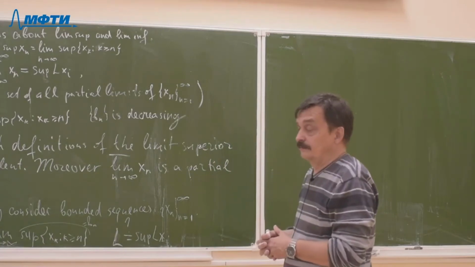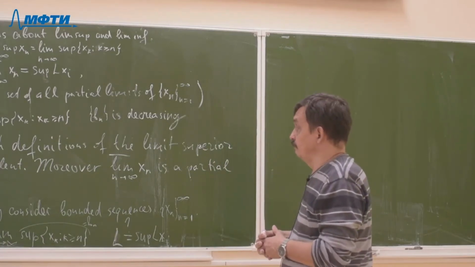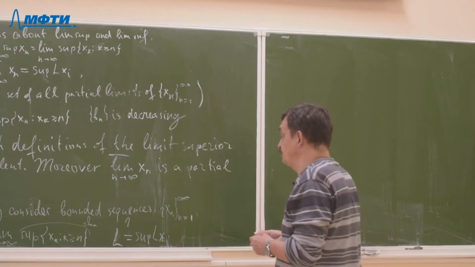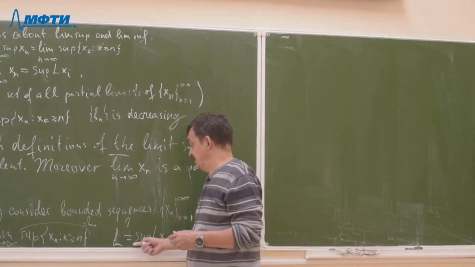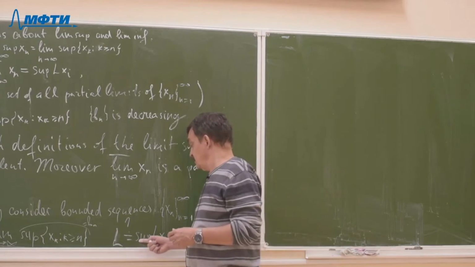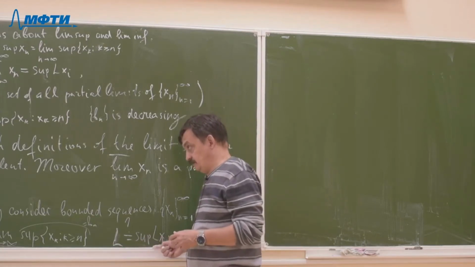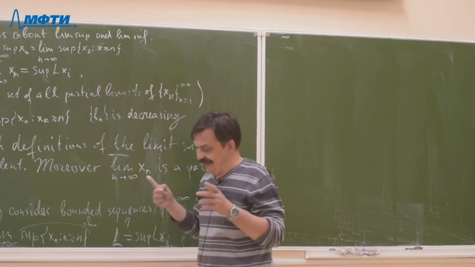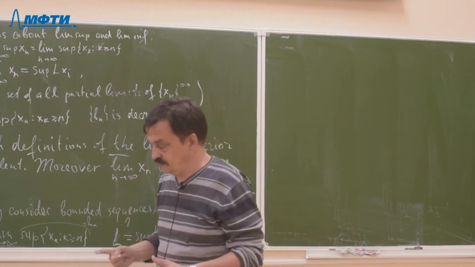Look, we want to prove that capital L is the least upper bound. Now we know that L is an upper bound.